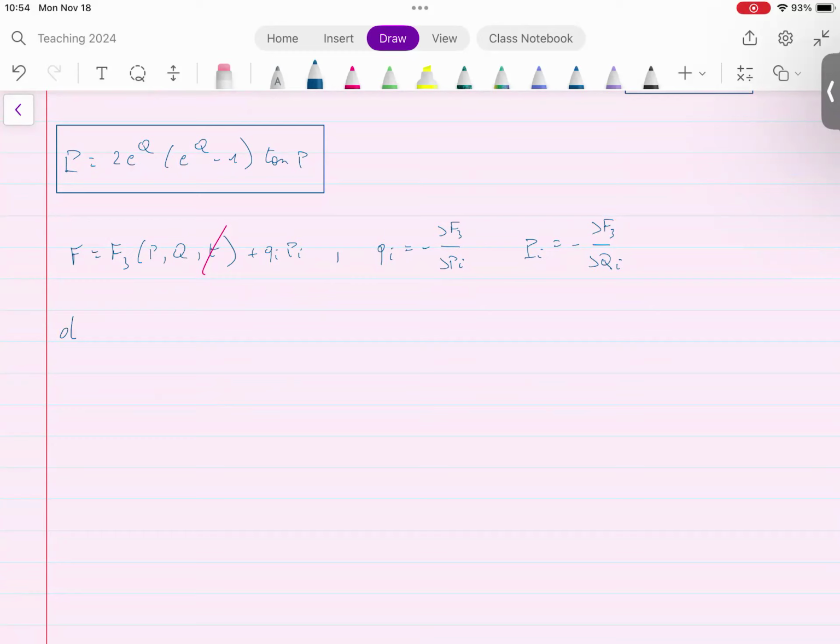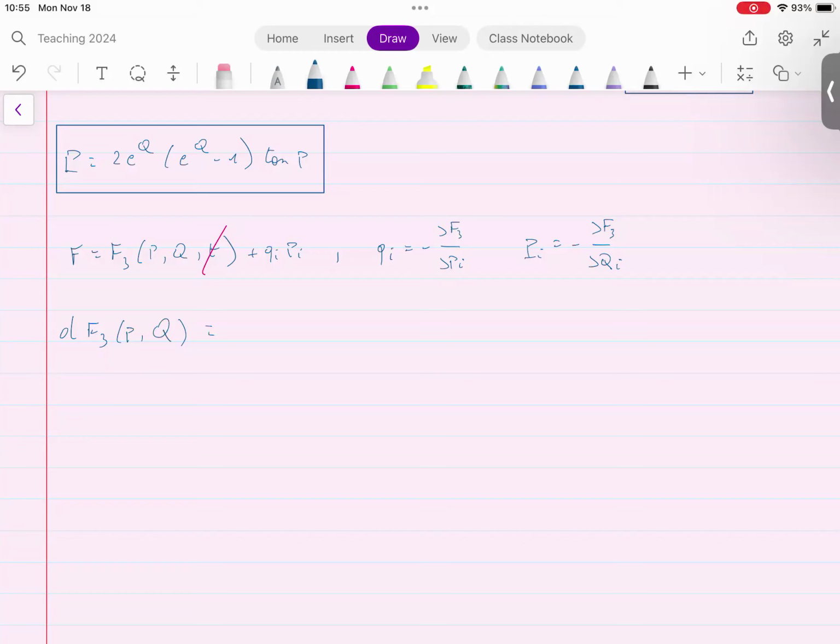Now the differential of my F3, function of q and little p, or I use the other notation, sorry. Let me write it as function of little p and big Q instead.